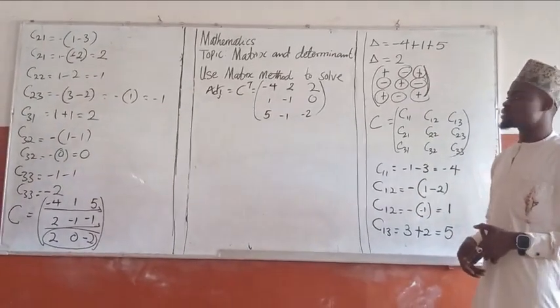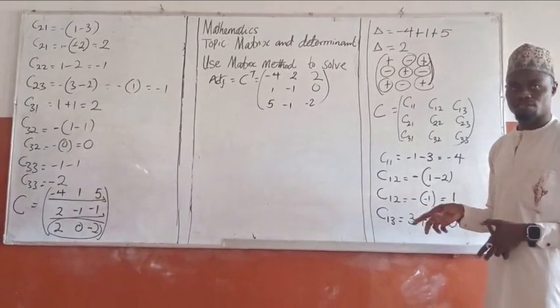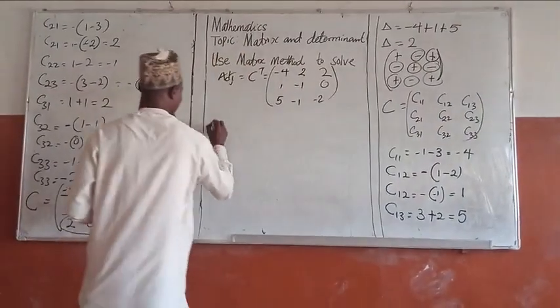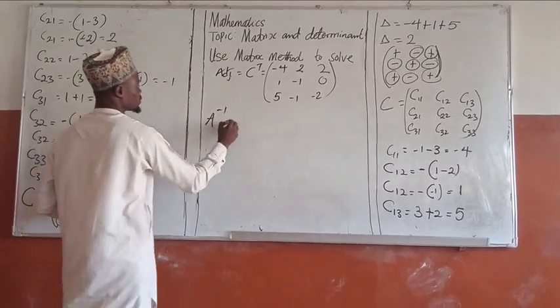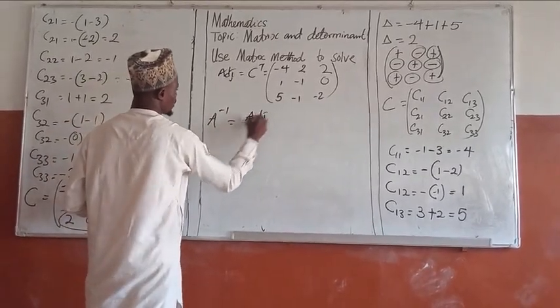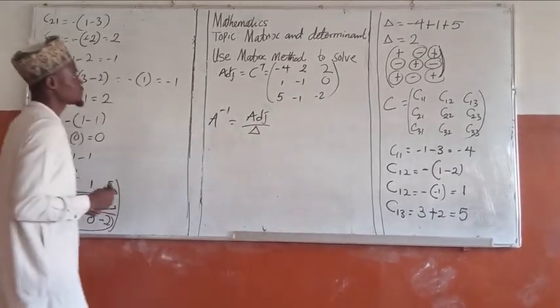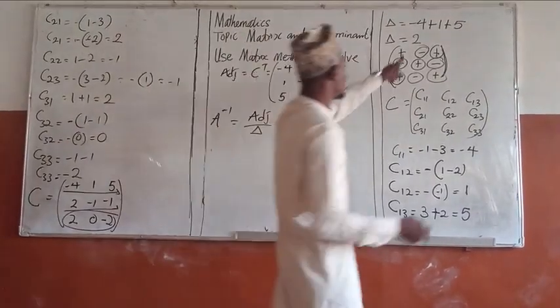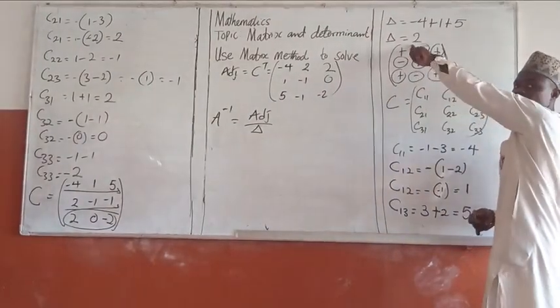The next thing now is to find the inverse of this matrix. Inverse is equal to adjoint all over determinant. And remember that our determinant is 2 from before.